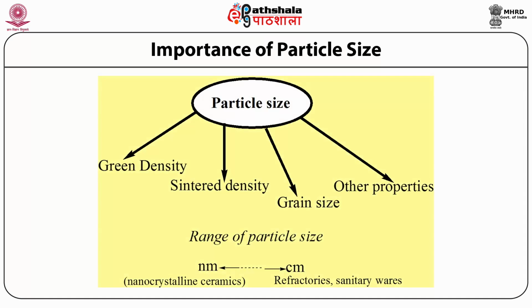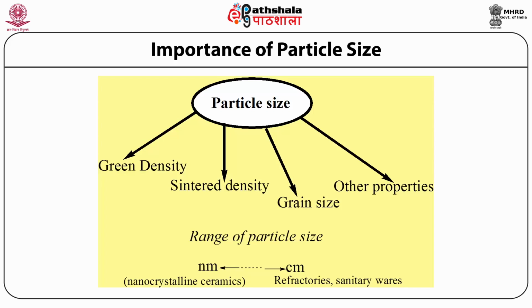Amongst various characteristics of the starting powder, the particle size is one of the most important. It has a great influence on powder flow and handling, powder compaction and green density, sintering temperature, the sintered density, and the properties of sintered products.